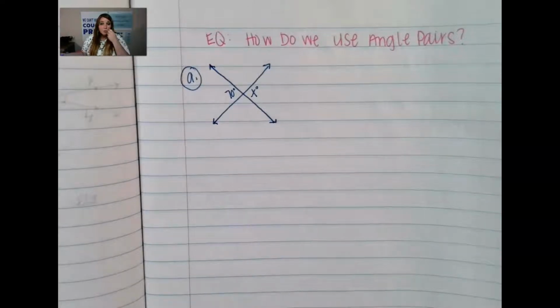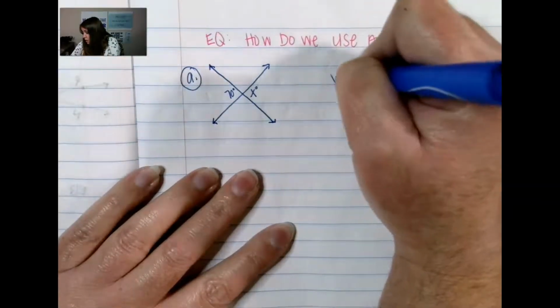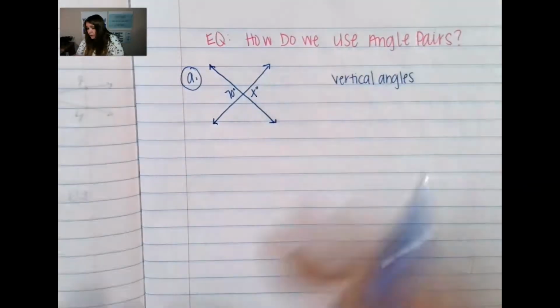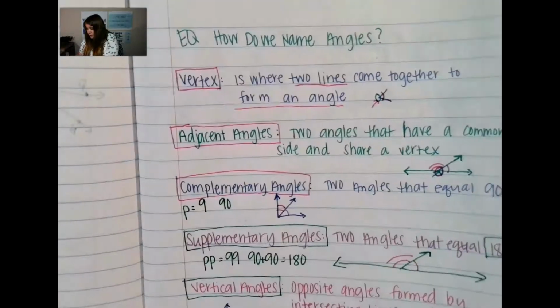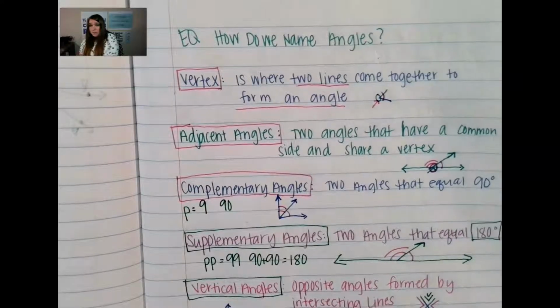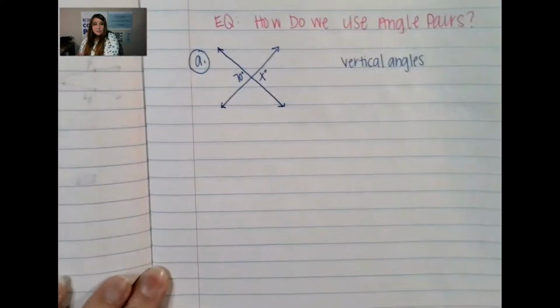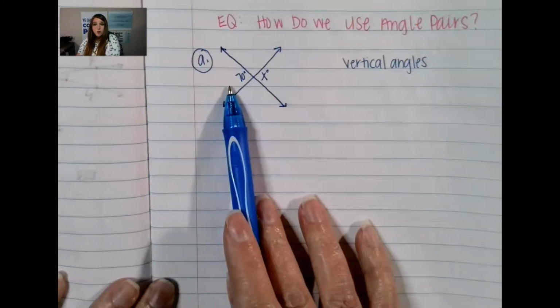So we are working with vertical angles. So these are vertical. And if we look back in our notes, we know that vertical angles are opposites, right? So the opposites have the same values. So in this instance, X is the same as the one directly across.